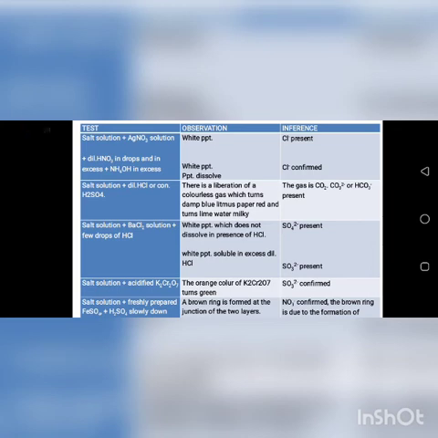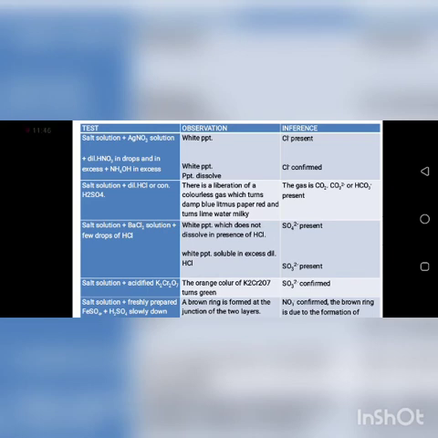A gas that turns lime water milky, whenever you see something like that, is CO2, carbon dioxide, and this CO2 may be coming from trioxocarbonate 4 or hydrogen trioxocarbonate 4. So you confirm that either CO3 2-, or HCO3- is present.